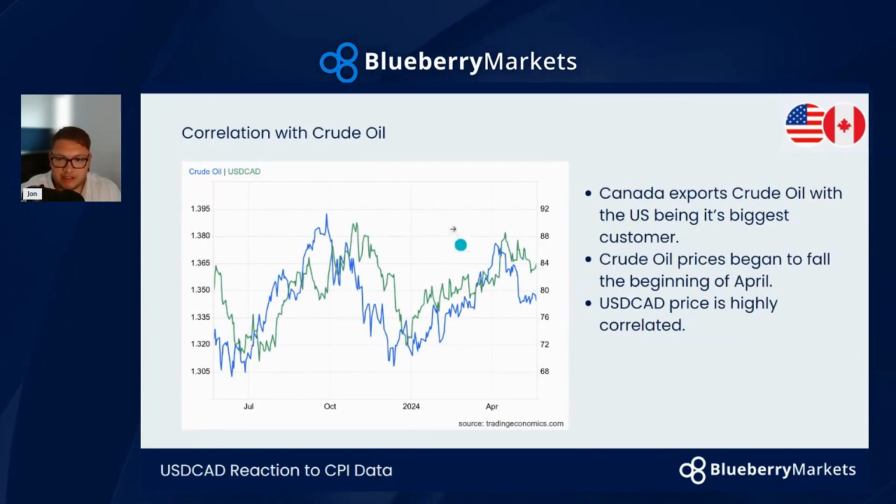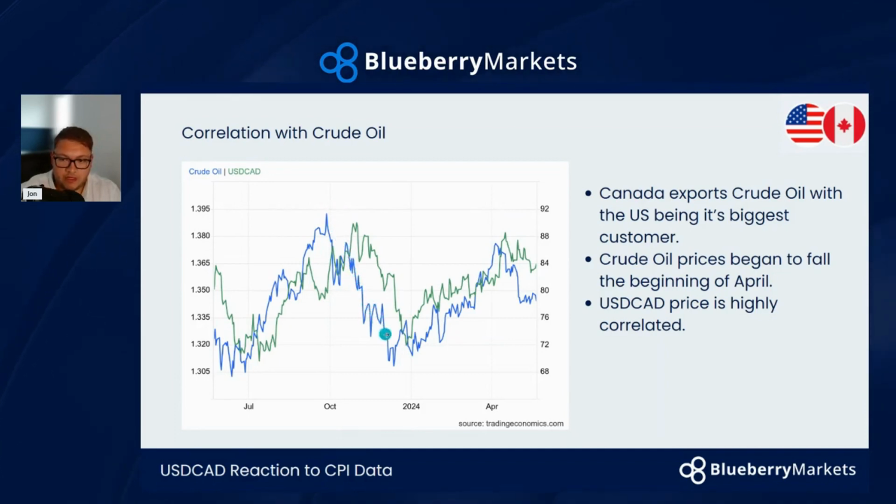You can really see what we have here. We've got the blue line, which is crude oil prices, and we've got dollar CAD, which is the green line here. And we can see how close the correlation is between the two assets. So recently, you can see that crude oil peaked towards the middle or start of October, I should say, of 2023.